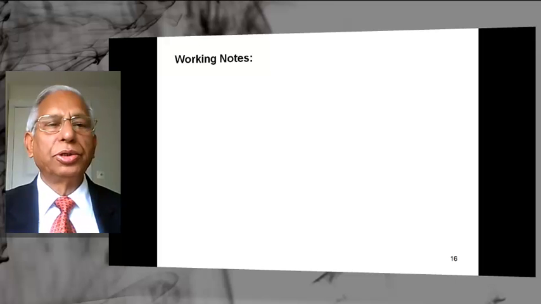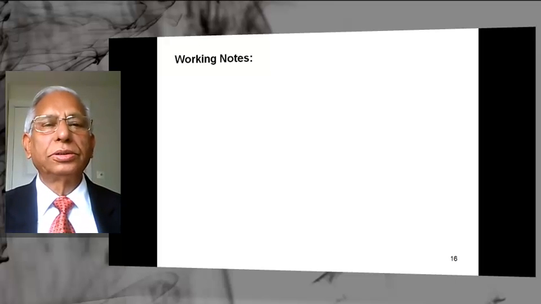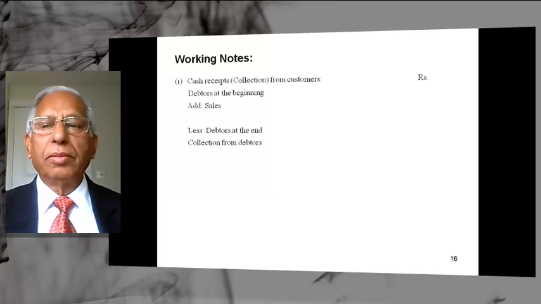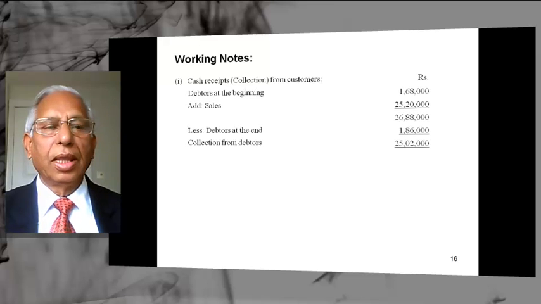Before that, I will show you all the working notes which we have used in the preparation of cash from operations as per direct method. Number one item is cash receipts, collection from customers. There we have already indicated as working note 1. This item is arrived at from the amount of debtors in the beginning.